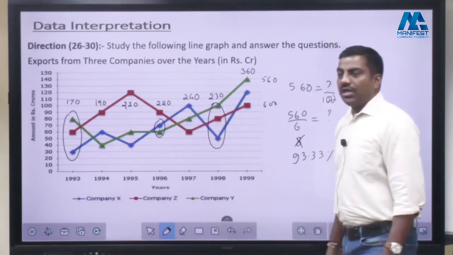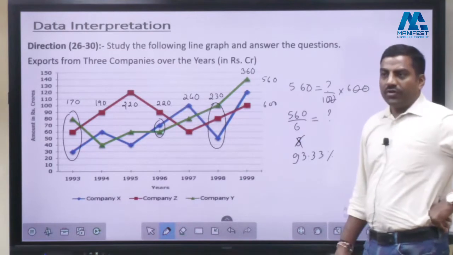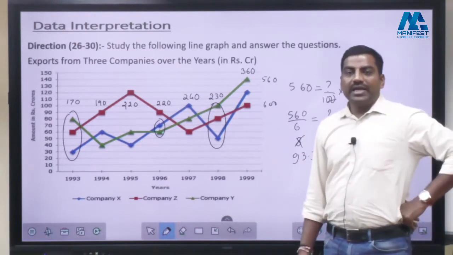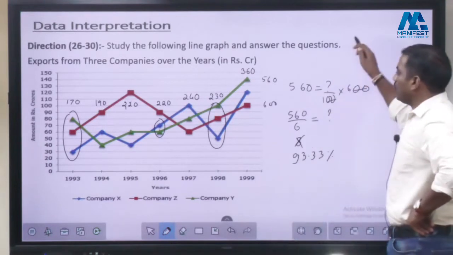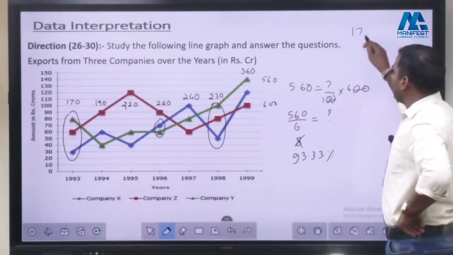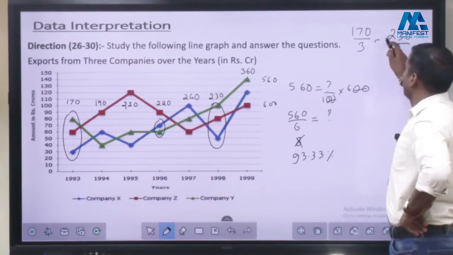230. If you divide by 3 here, you will again get a decimal point. So basically what we have to do is take the difference between 170 by 3 and 230 by 3.